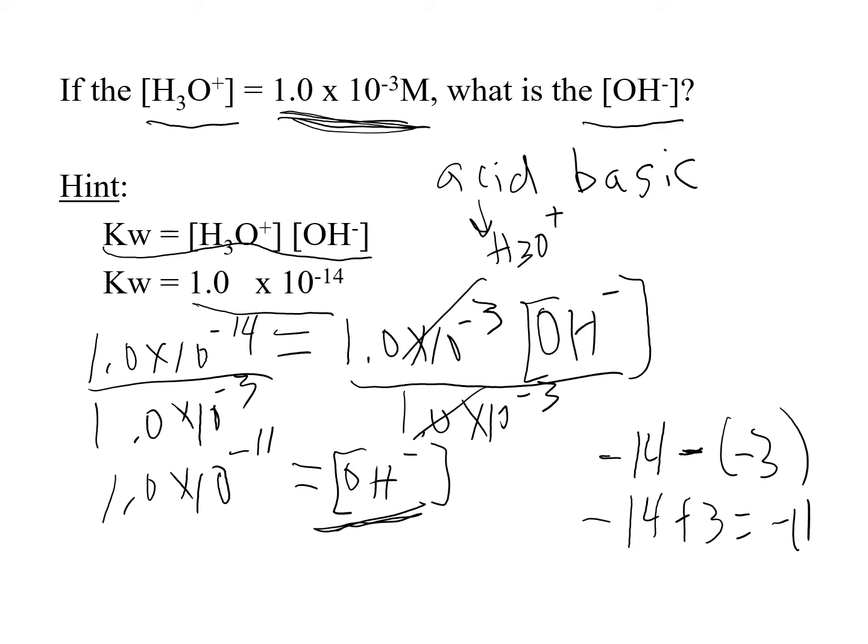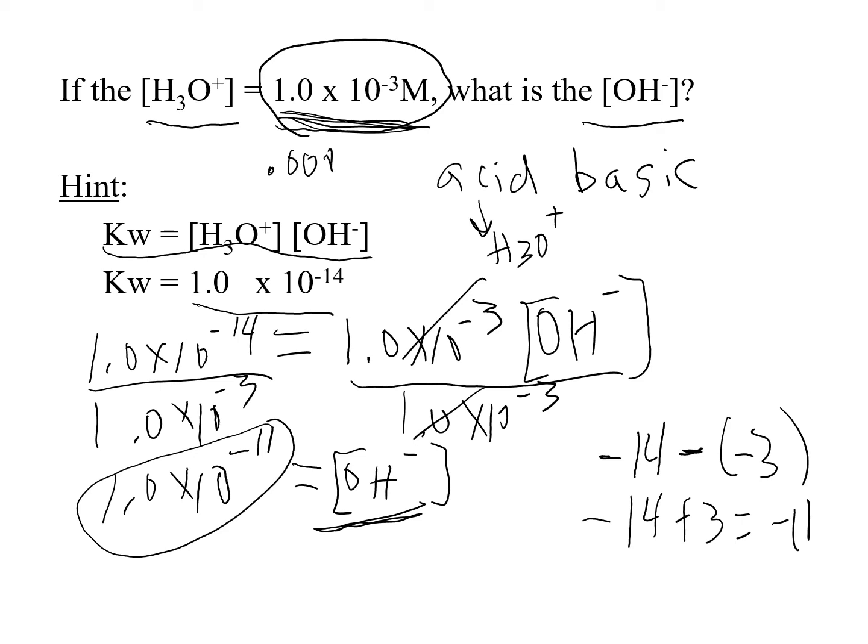So in this example, we have hydronium is 1 times 10 to the negative 3rd. Hydroxide is 1 times 10 to the negative 11th. So whichever number is larger is going to tell us if it's an acid or a base. So 1 times 10 to the negative 3rd is a much larger number. Remember, these are exponents, so the bigger the negative exponent, the smaller the number.